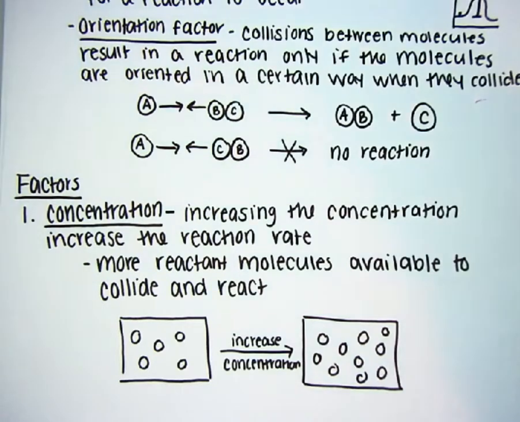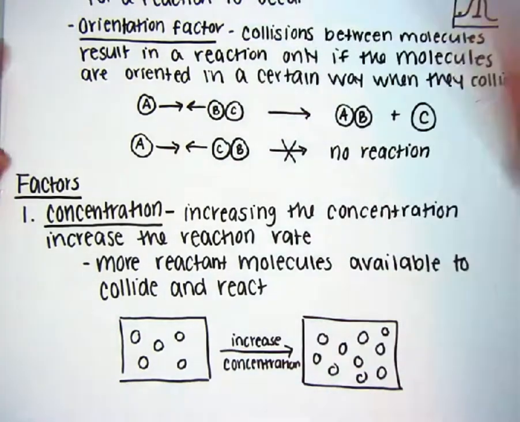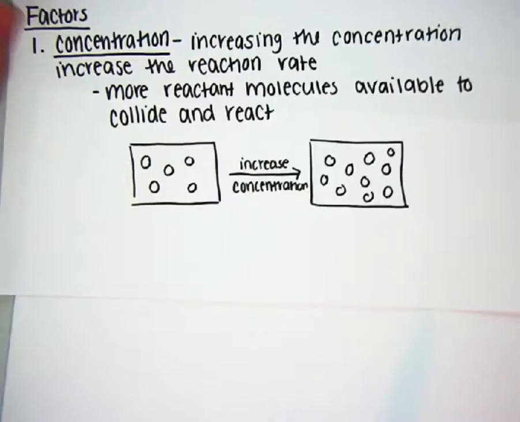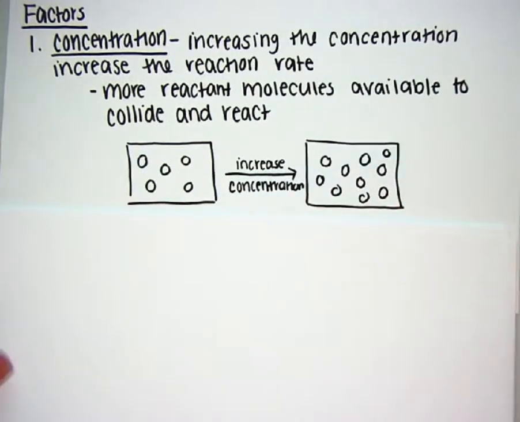When we are face-to-face with 3,300 students, you're going to run into someone in that hallway because there are a ton of people, compared to our hybrid hallways where you might not see anyone. You're less likely to collide with someone. The more people you have, the more collisions there are. The more molecules we have, the more collisions we're going to have as well. So first factor is concentration, direct relationship. As concentration increases, reaction rate increases as well.